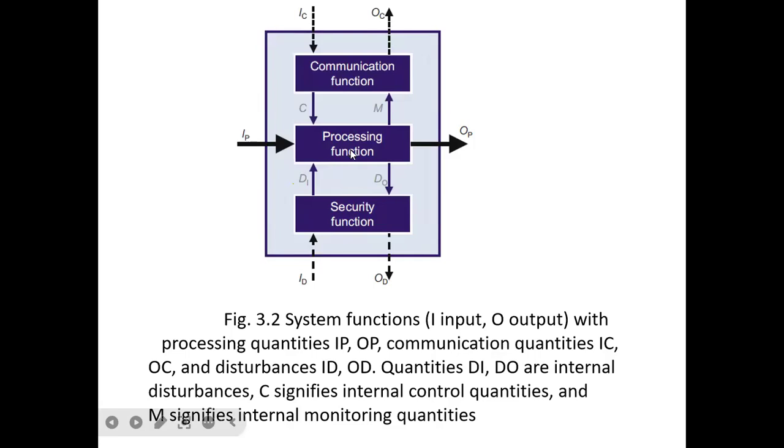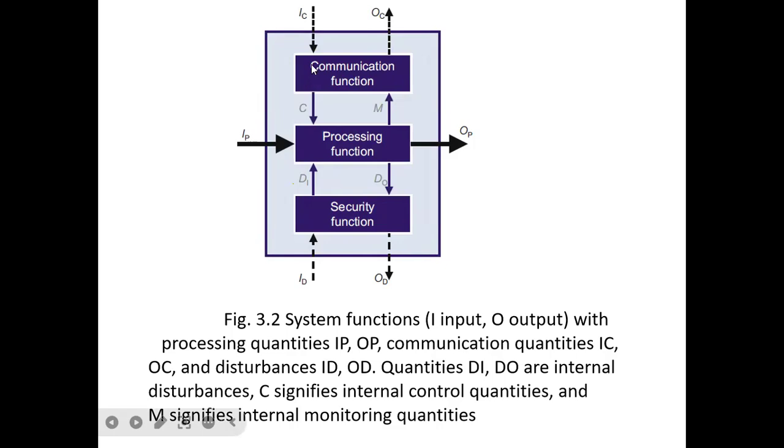Communication function, processing function, and security function. Security means if you provide a disturbance, the system has to understand that an unauthorized function is coming, then we have to recover it. So for the processing function, I am giving the processing quantity IP as an input and OP as the output.